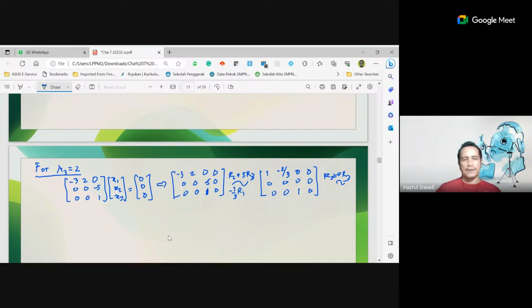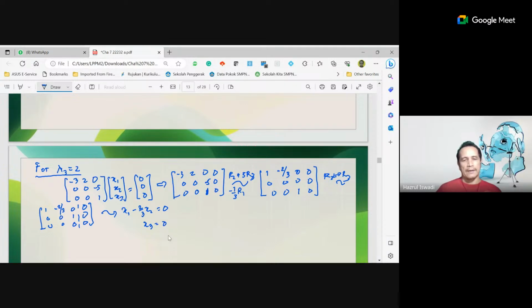Okay, we have the final result 1, minus 2 over 3, 0, 0, 0, 0, 1, 0, and 0, 0, 0, 0. It means that x1 minus 2 over 3 x2 is equal to 0, and x3 is equal to 0.